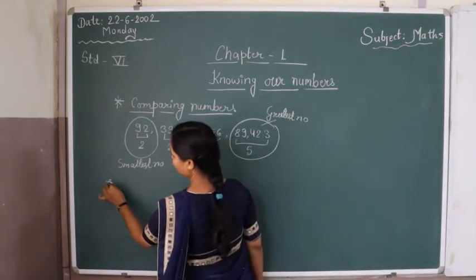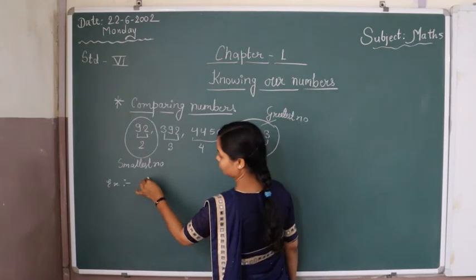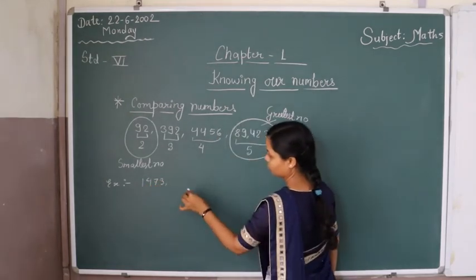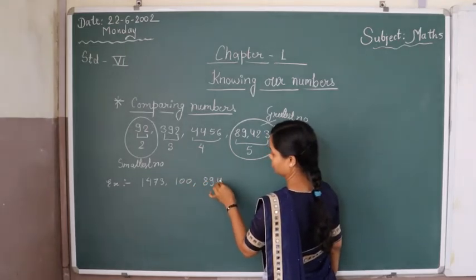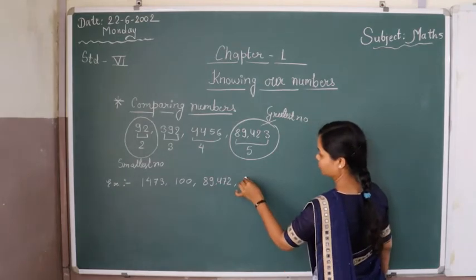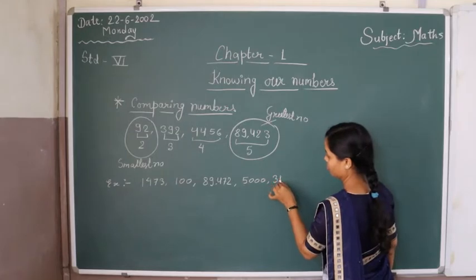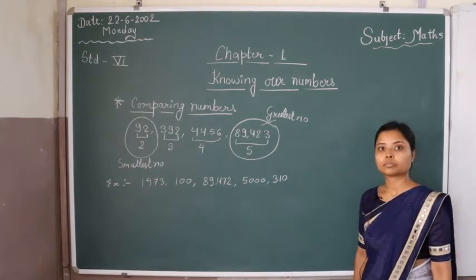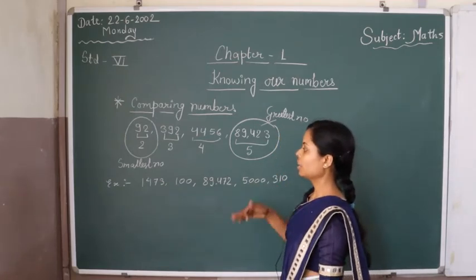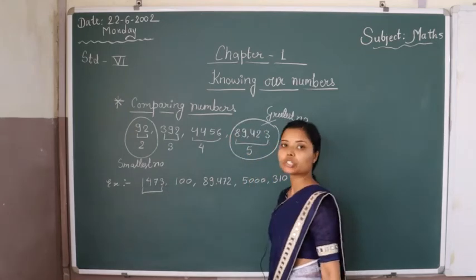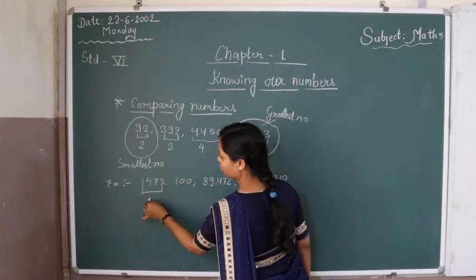Taking another example, look at this. In this series, again we find the digits of each number. 1473 has 4 digits.